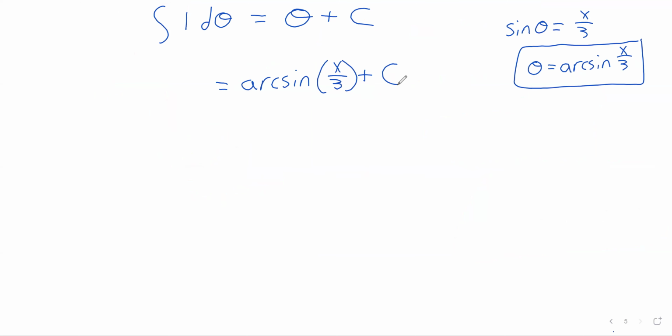Trigonometric substitution can work even in situations where the arc sine doesn't. And I'm going to state the first of 3 sort of guidelines.